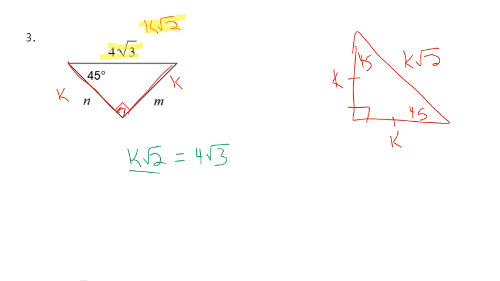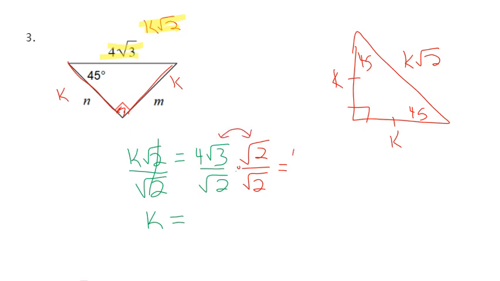Like the last problem, I have to divide by radical 2 because k is not by itself. And then similar to the last problem, I have to rationalize. So when we rationalize this out, I have to multiply the top and bottom by root 2. For the top, root 3 times root 2 is root 6. So you multiply them.